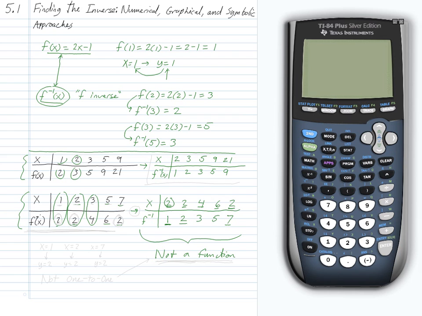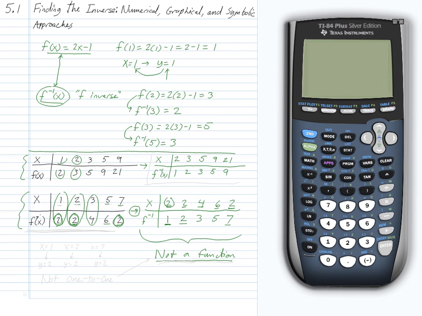Alright, so why is this happening in this case? Well, it's because we had all of these repeating 2's as outputs in the original function. So if this happens, if we have a bunch of copies of outputs, then when we go to find the inverse, it's not going to be a function.